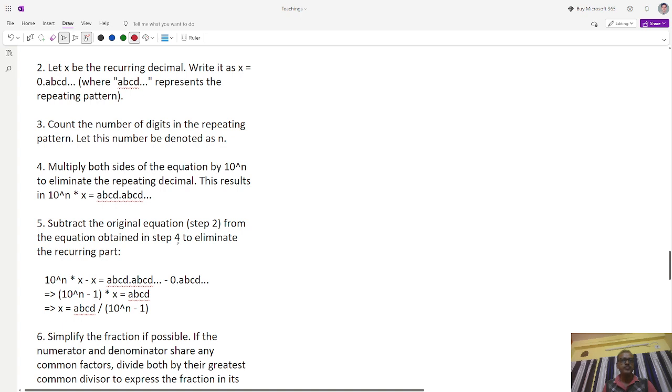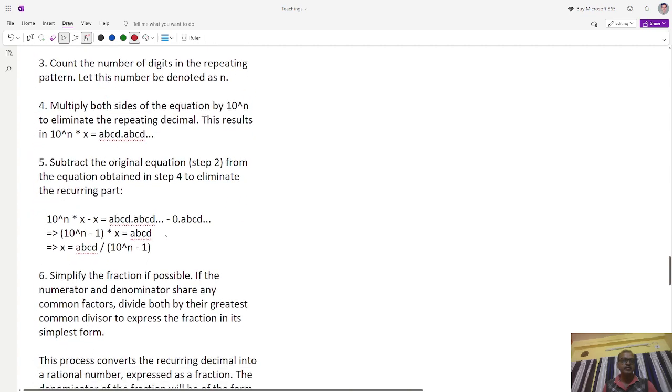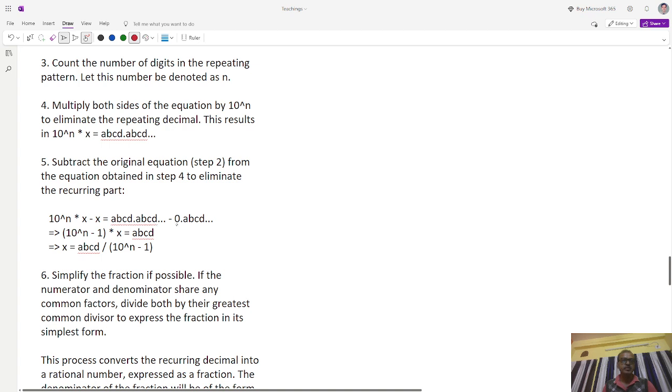So we have to subtract step 2 from step 4 to eliminate the recurring part. Then 10 to the power n times x minus x equals ABCD.ABCD repeating minus 0.ABCD repeating. It implies that (10 to the power n minus 1) times x equals ABCD. So x equals ABCD divided by 10 to the power n minus 1.